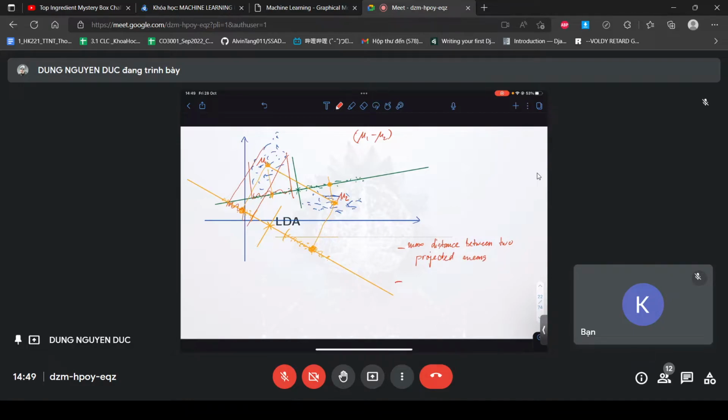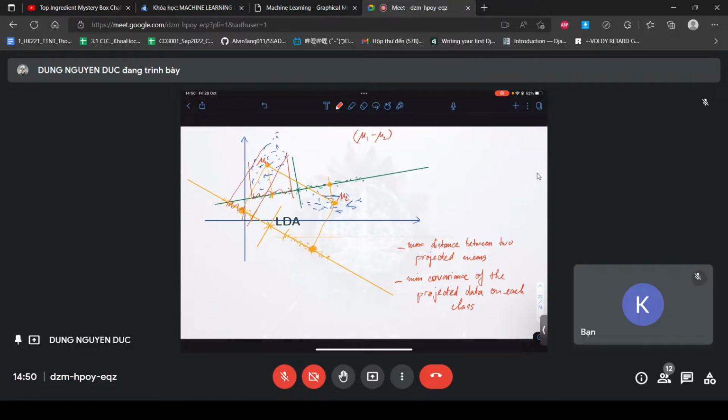Okay, and second, we want to minimize the variance or covariance of the projected data on each class.